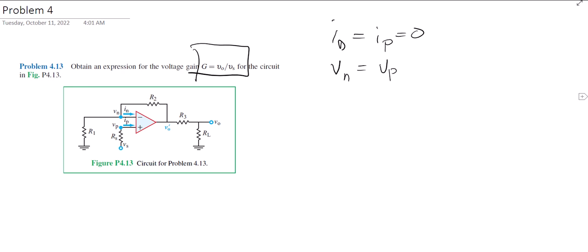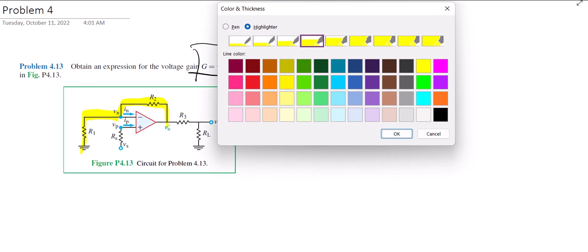If we look right here, I have VO prime identified there. If they weren't identified, then you probably should identify them, because that's going to help you with your problem.